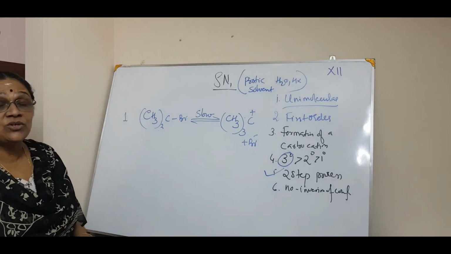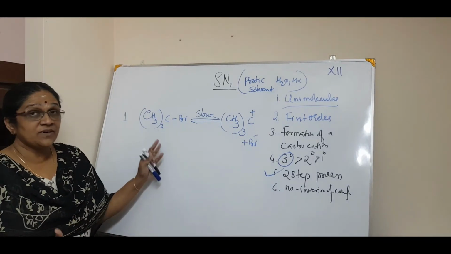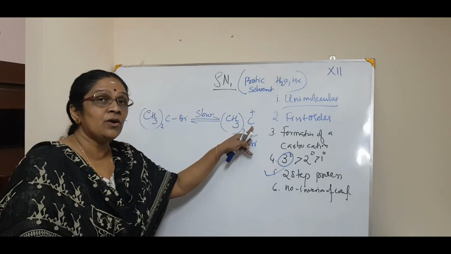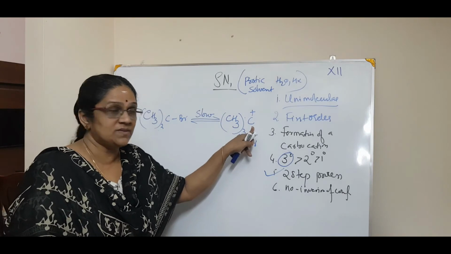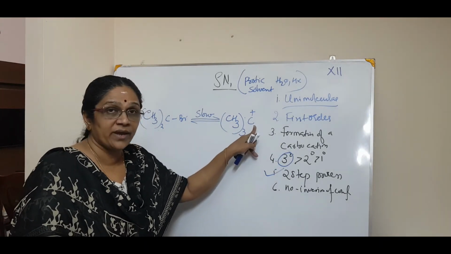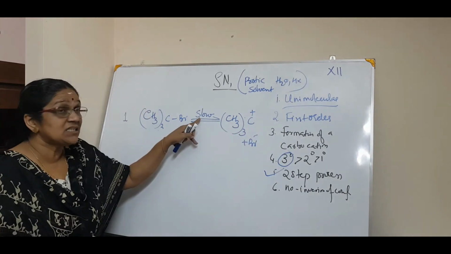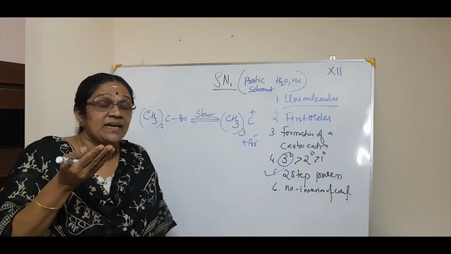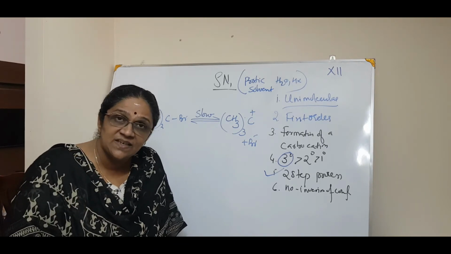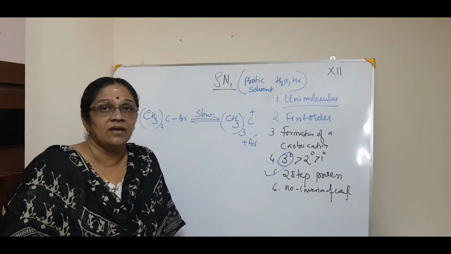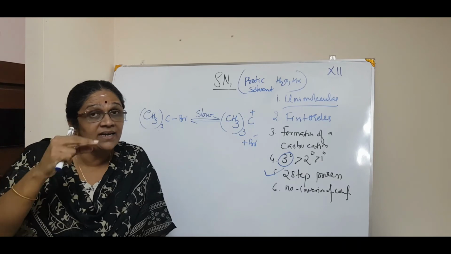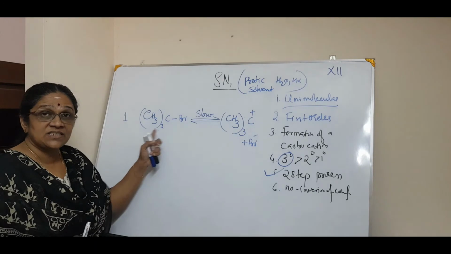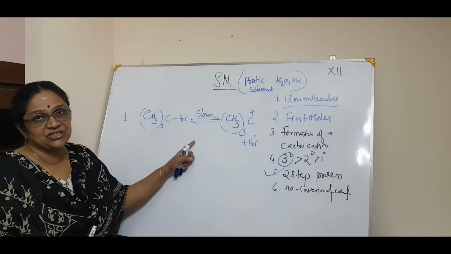See, so the first step, listen very carefully, the first step is the formation of a carbocation, and this is being the slowest step in kinetics. We already know that the slowest step determines the rate of a reaction, isn't it? Are you remembering? The slowest step determines the rate of a reaction. So, the first step determines the rate of a reaction.